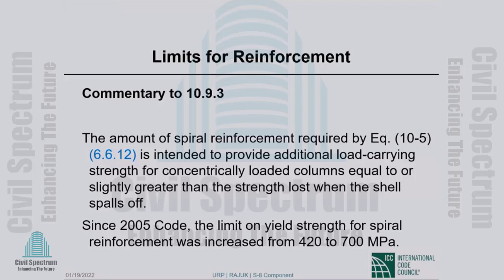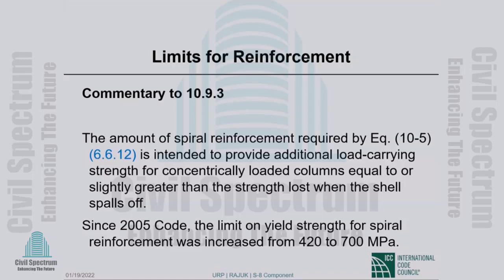That would amount to a decrease in load carrying capacity. But the confinement provided by the tight spirals will increase the concrete strength of the column inside the spiral. And this increase in strength should more than compensate for the loss of the concrete cover. That's the basis on which the minimum amount of spiral was derived.